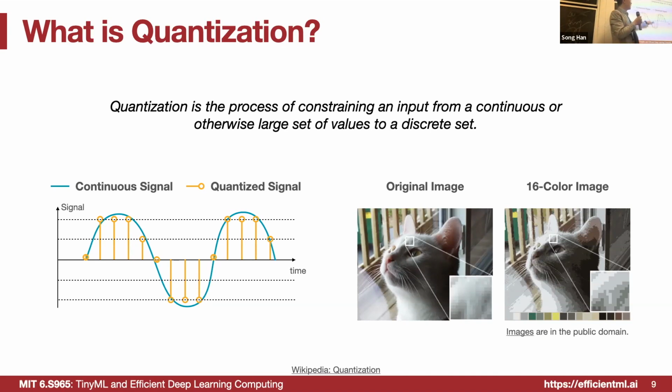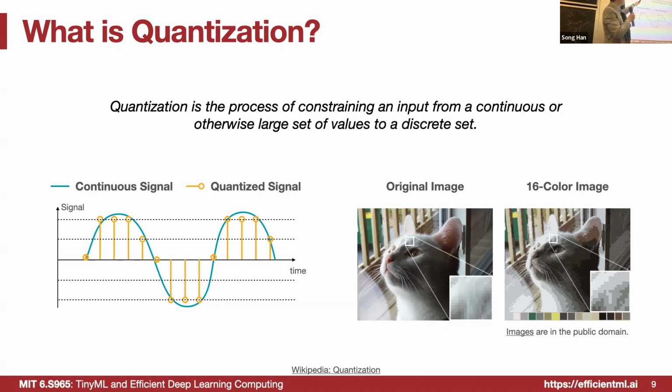Previously we had a continuous signal, as in this figure. On the time axis, we are sampling in time, and on the y-axis, we are quantizing in space. Suppose the signal is here, we quantize it to 1, 2, 3, 4, 5 discrete values. Although the signal is continuous, we have only 5 discrete values in this case.